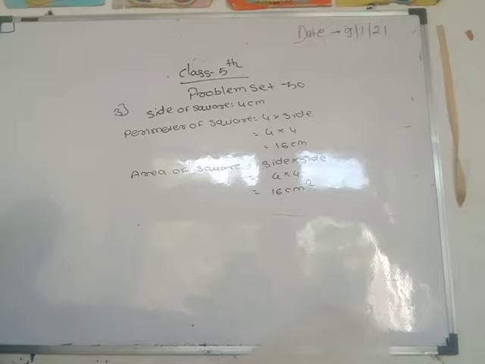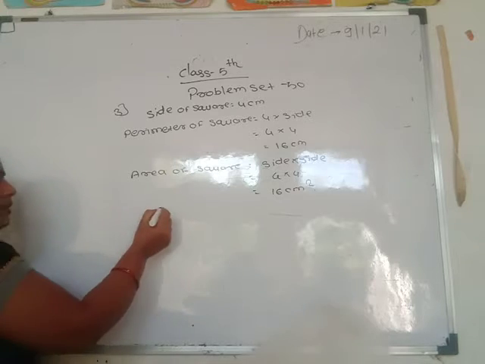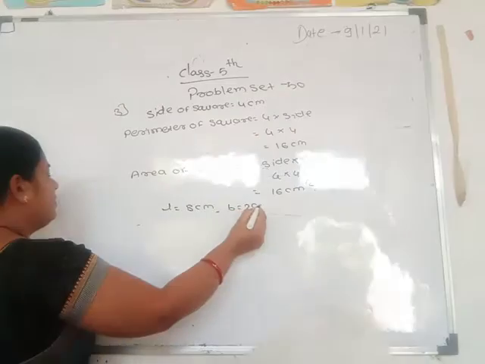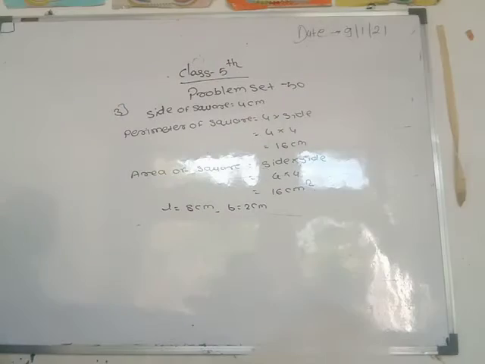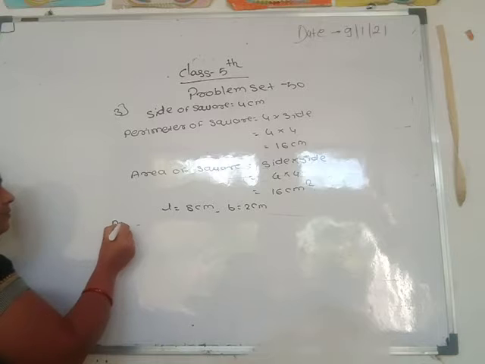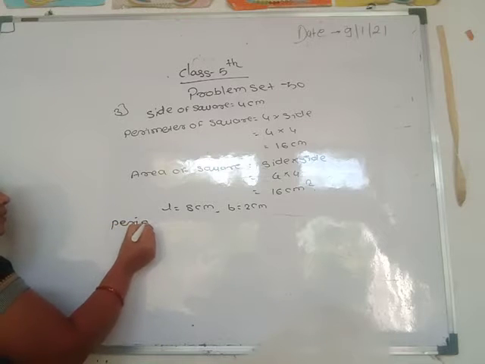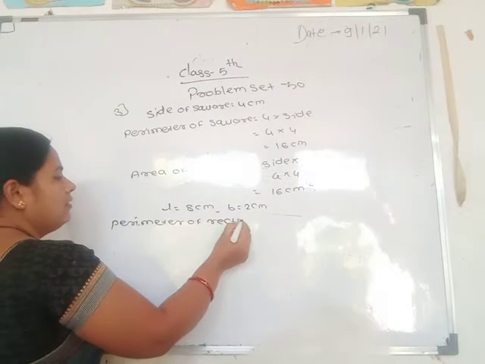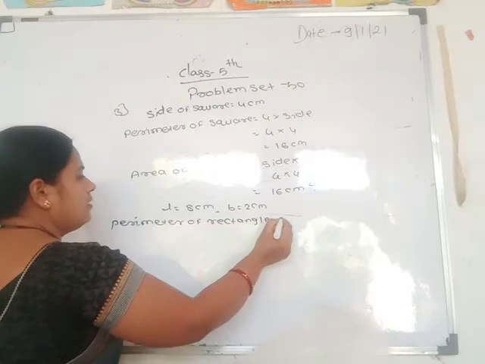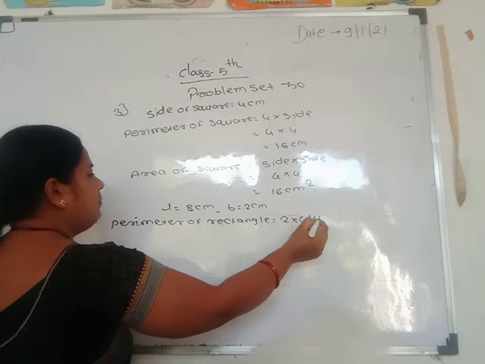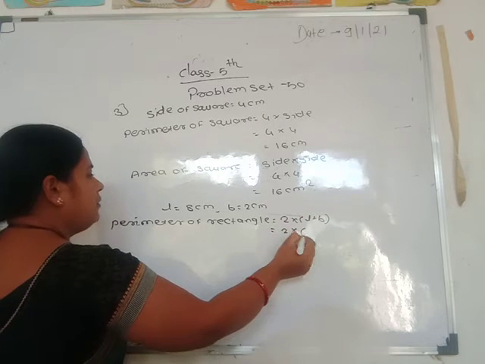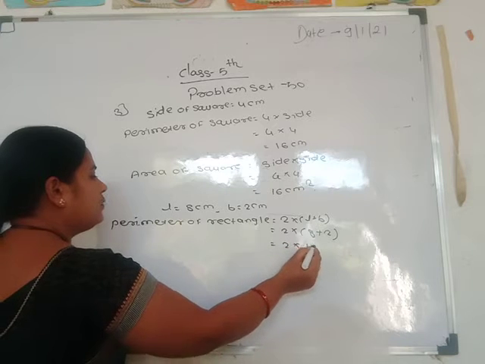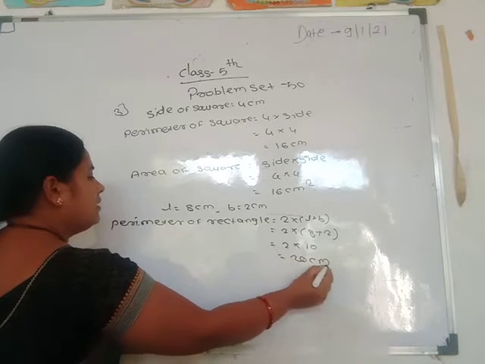Then here L and B are also given. L is equal to 8 centimeter, B is equal to 2 centimeter. Then perimeter of rectangle is equal to the formula 2 into L plus B. Then 2 into L 8 plus B 2, 2 into 8 plus 2 is 10, so 20 centimeter.